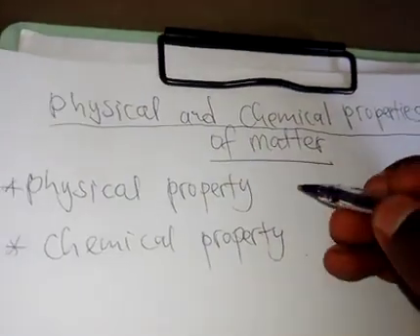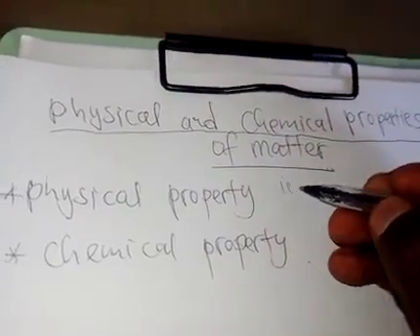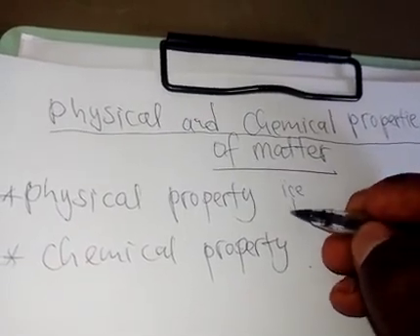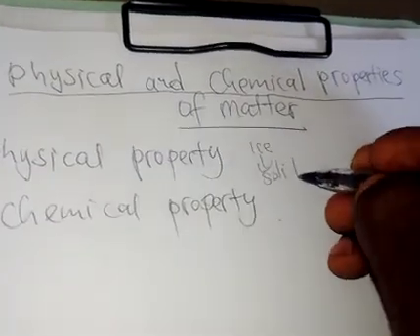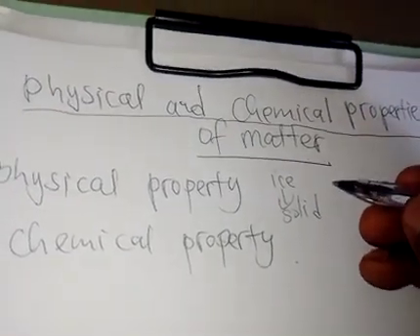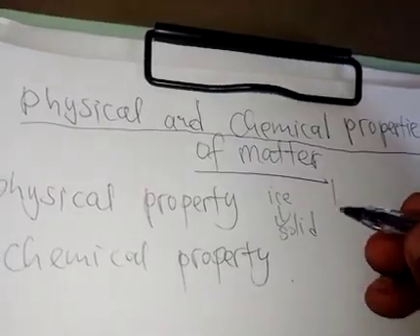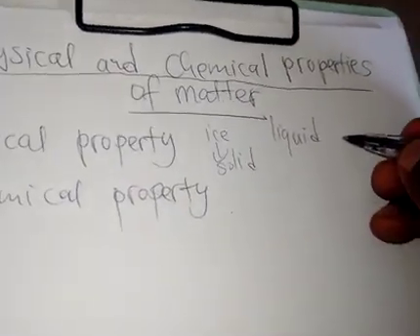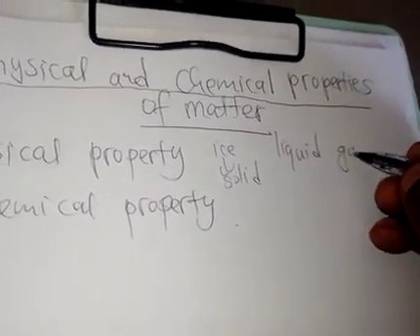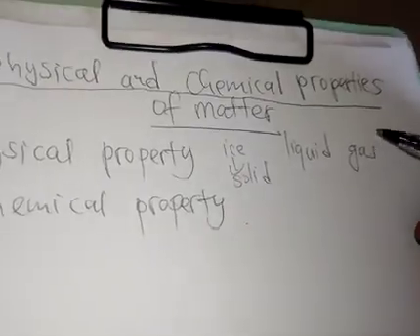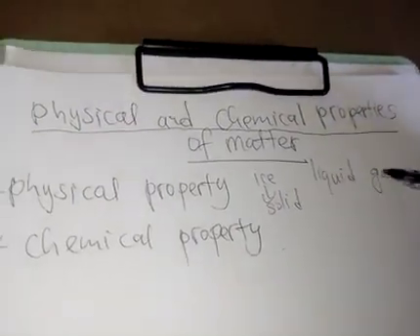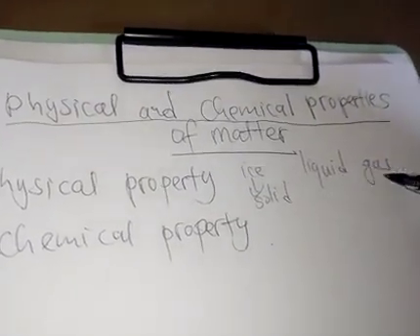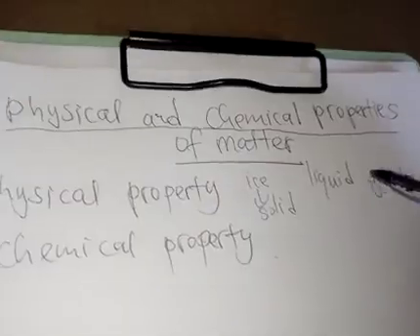We can have water existing as ice, which is the solid state, as liquid, and as gas, water vapor. When these changes take place, these are examples of physical changes.